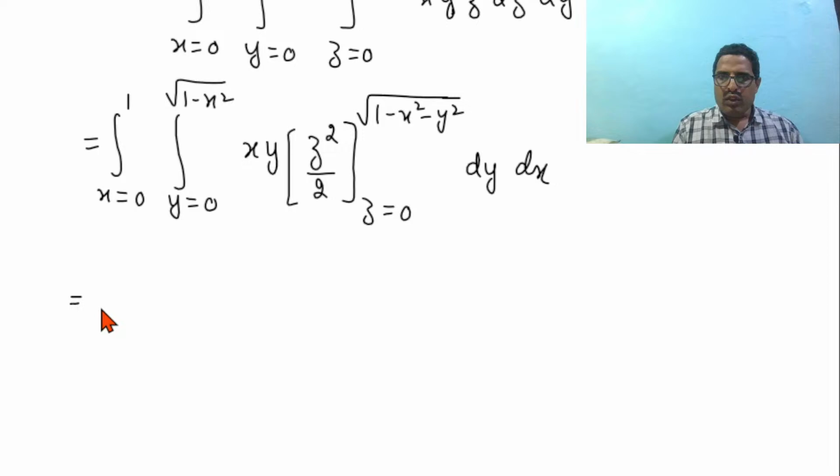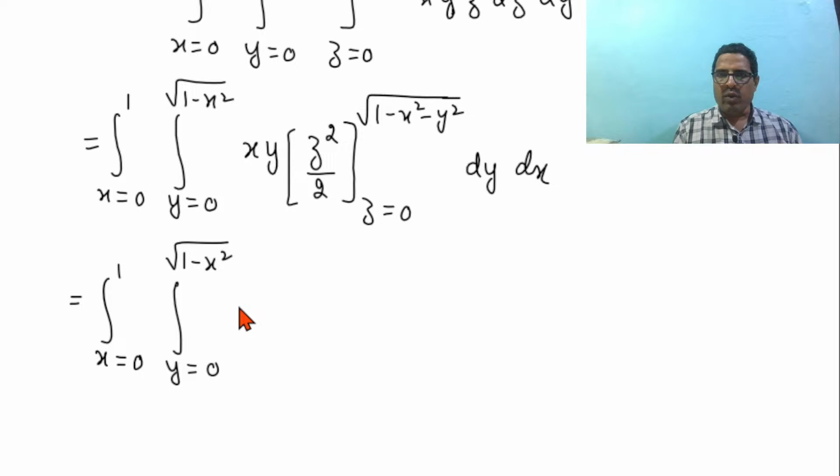This will be equal to the integral x equals 0 to 1, then the integral y equals 0 to root of 1 minus x square. So xy as it is, and the divided by 2 you can take outside, 1 by 2 outside.